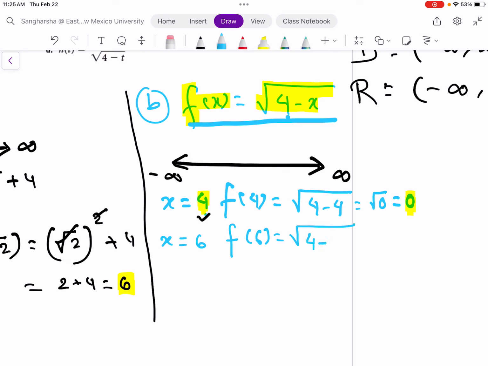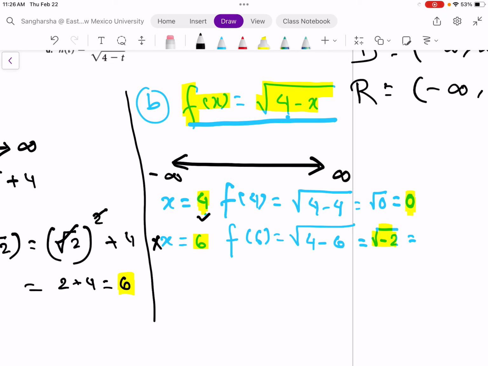So we have the square root of negative 2. And what is the square root of negative 2? Imaginary. Is it a real number or an imaginary number? So it's a complex number, an imaginary number, right? So whenever you choose your input to be 6, your output is not real. It means 6 is not in the domain. So 6 is not a domain here.